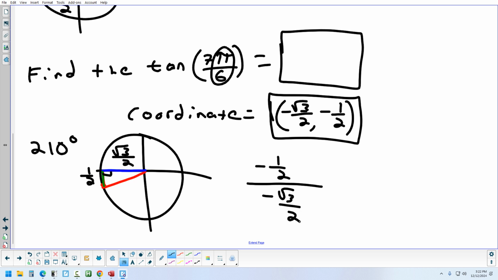The negatives and the 2's will cancel out. Yep, negatives cancel, the 2's cancel, and what are you left with? You're left with 1 over root 3. Yep. And you move the root to the top by making it root 3 over 3. Right, and when we clean that up, it's going to be root 3 over 3. And that's the tangent of 7 pi over 6.